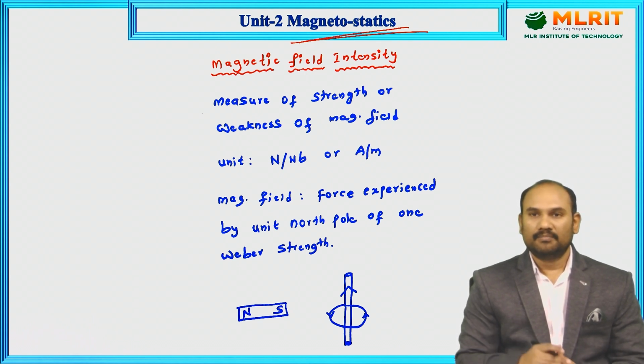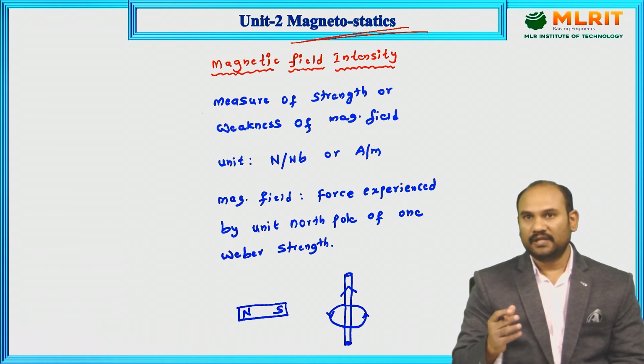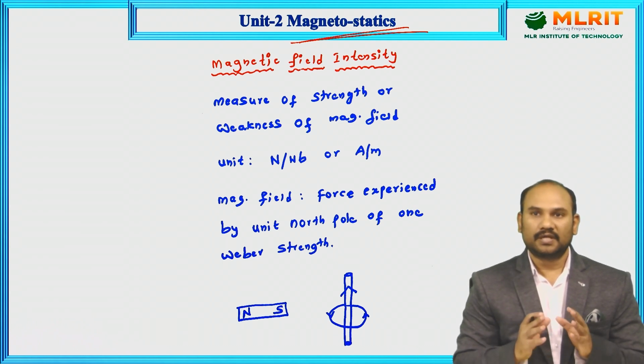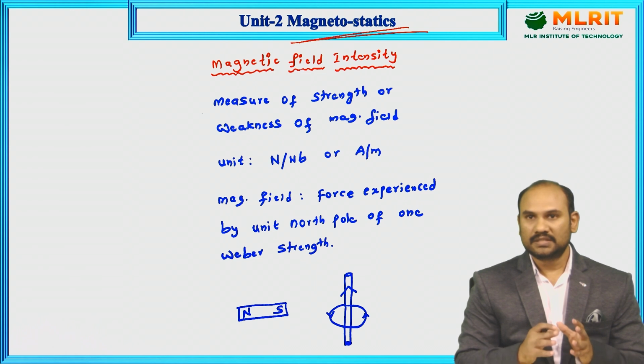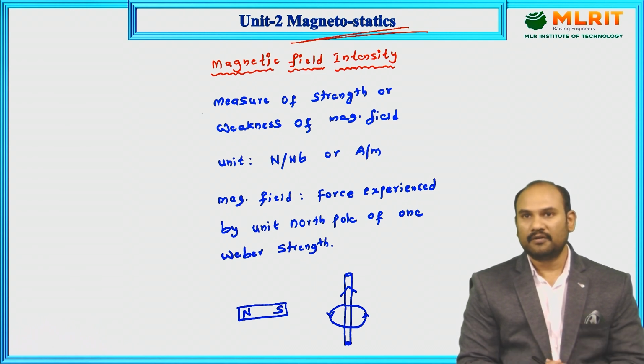However, before going to understand or master the time varying fields, it is essential for us to understand them in the static domain, the time invariant domain. Hence, two chapters are dedicated, one for static electric fields, which is electrostatics, and the second for static magnetic fields, which is magnetostatics.